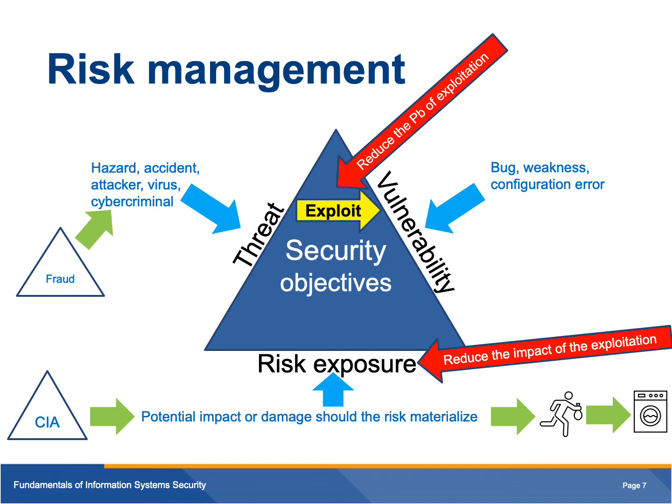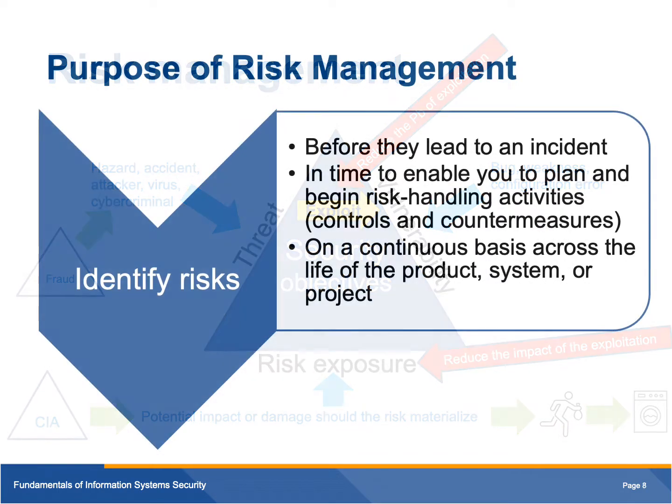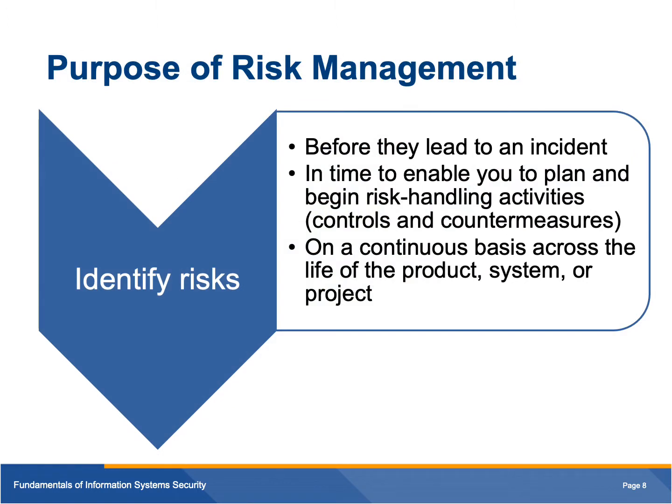Is there something bad that can happen to us? And if the answer to those three is yes, they all coexist in time and space, then there's potential risk. So that's what we're going to be doing as part of the first step, which is to identify the potential risks.